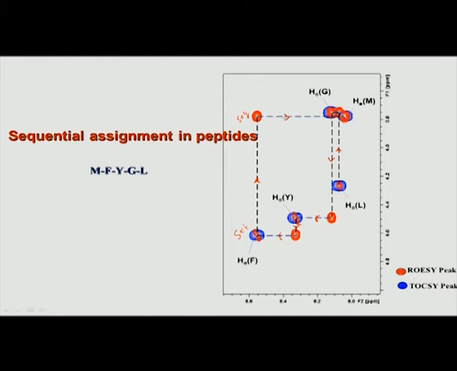So we have to go from ROESY to TOCSY, and in the TOCSY I see the self of the methionine. Now, if I walk along this line up or down, I do not see anything, which means methionine is the last amino acid, the N terminal amino acid, which is correct based on this sequence.